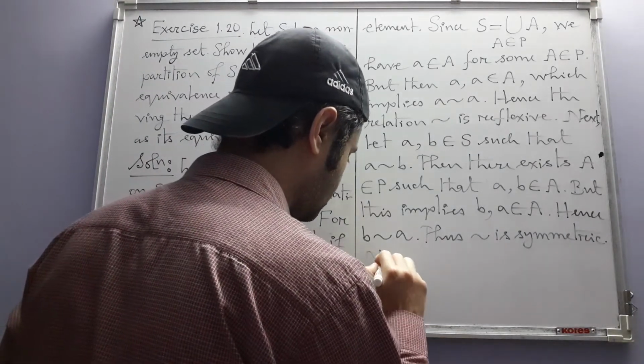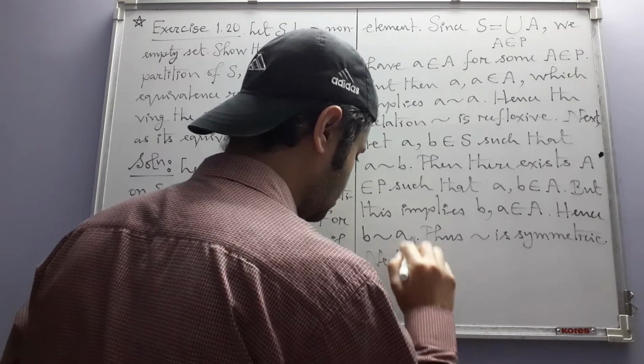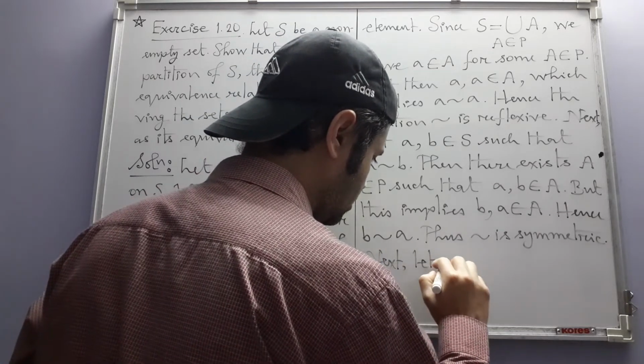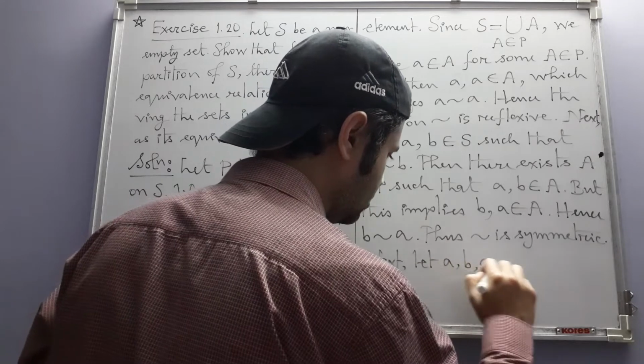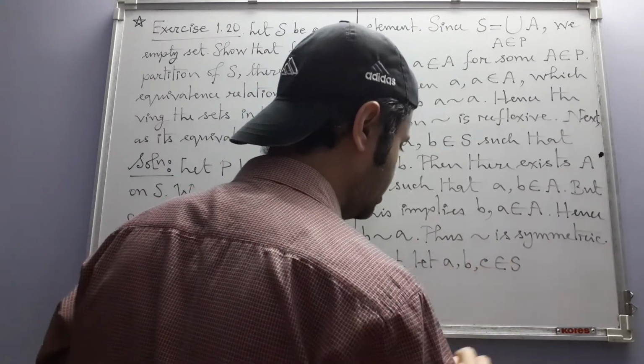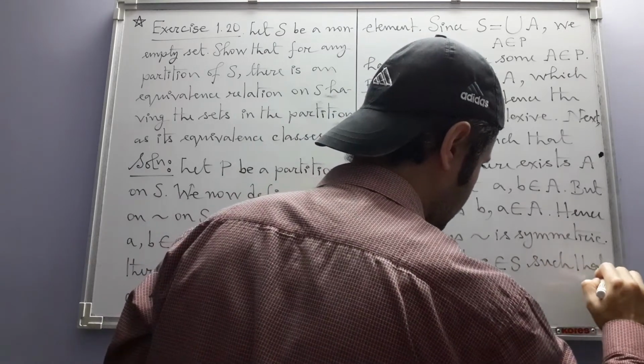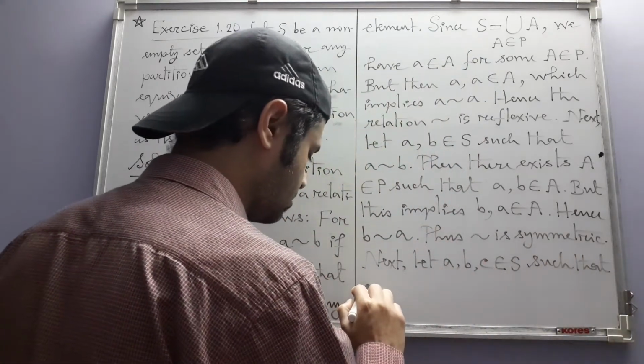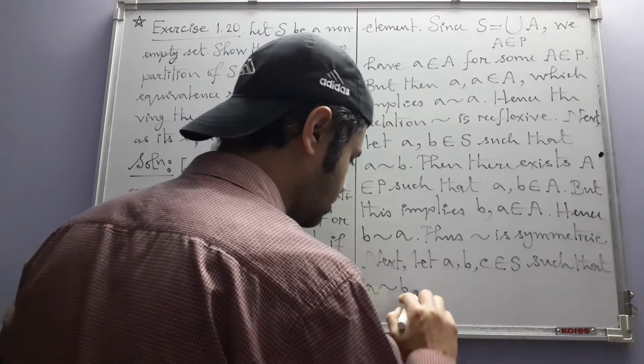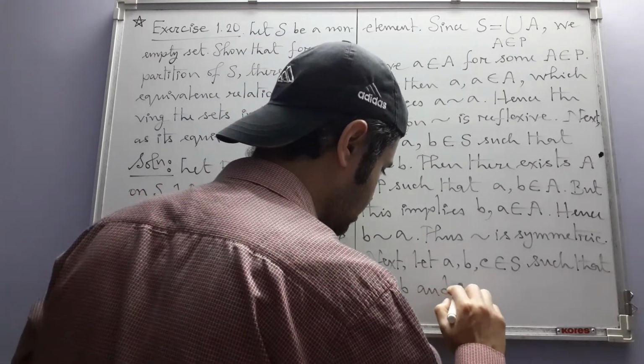Next, let a, b and c be three elements in S such that a is related to b and b is related to c.